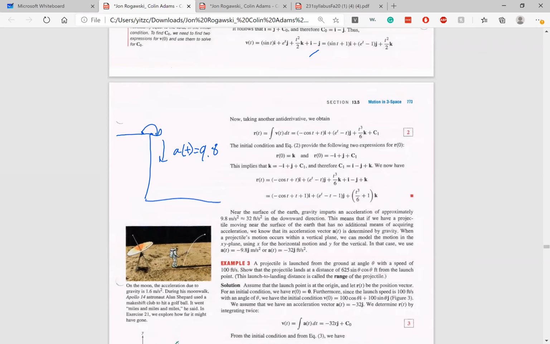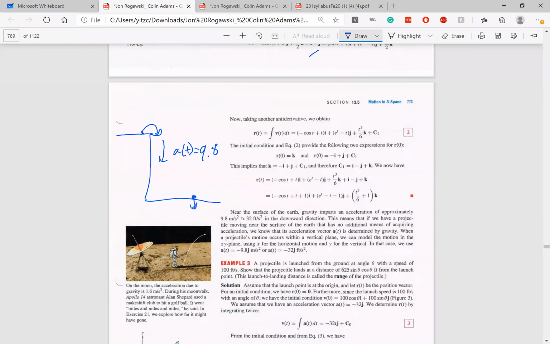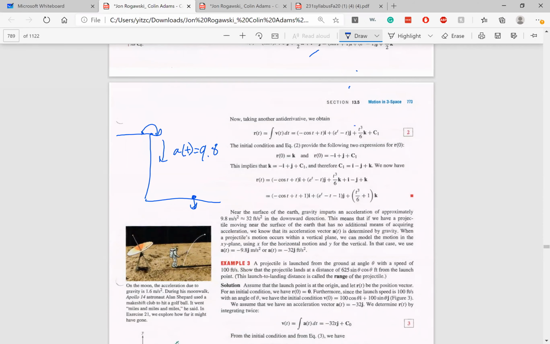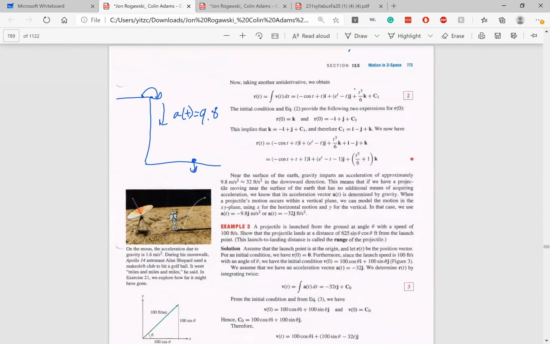Even if it were standing on the floor, there would be a force in the downwards direction, and the force is related to acceleration, and it would be accelerating downwards. So the acceleration is this.